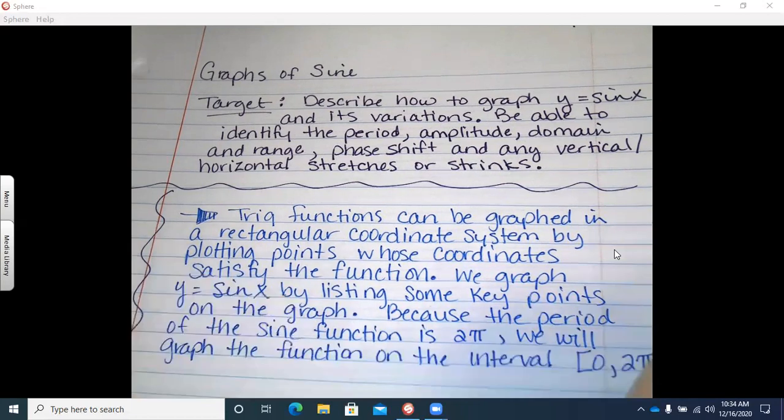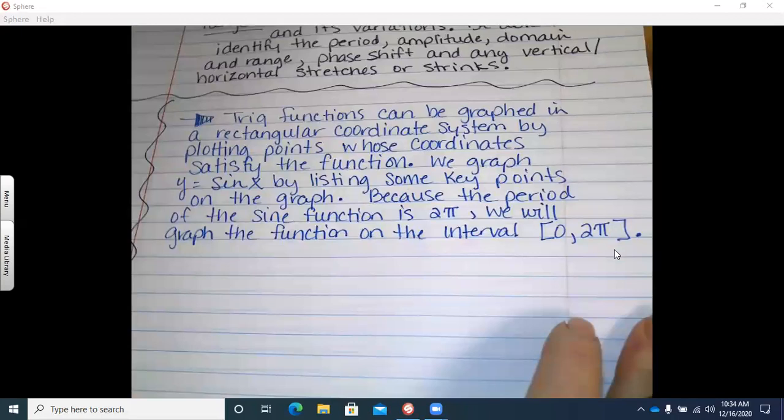The rest of the graph is made up of repetitions of this portion.